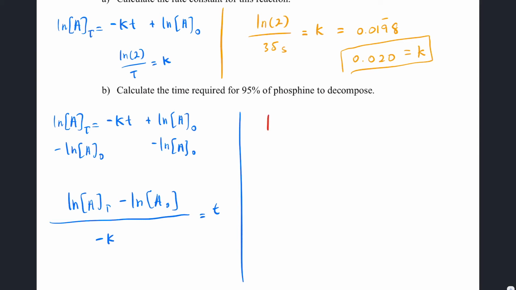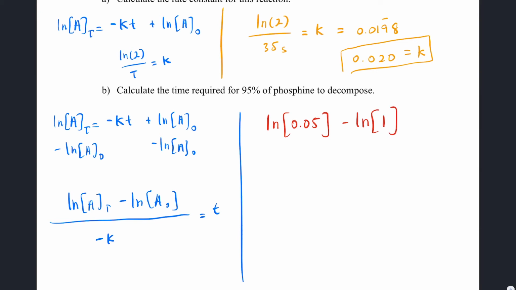So that would be the natural log of, instead of 95, we're going to put 0.05, because that's how much I have left after 95% has gone. I'll have 5% left, and if I convert that to a decimal, I'll have 0.05 left. Now let's subtract the natural log of what I started with, which was 1.